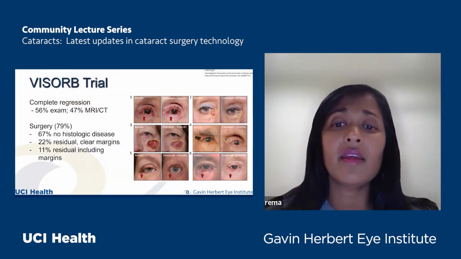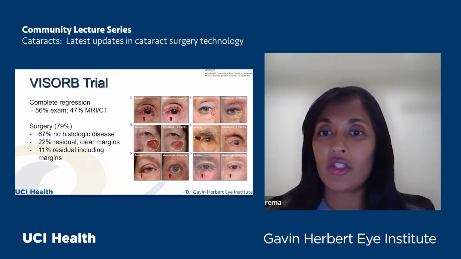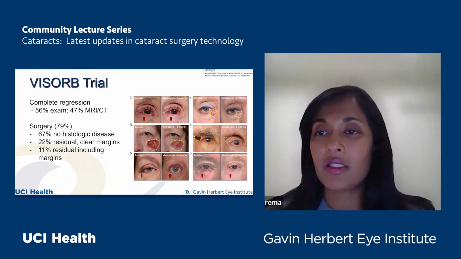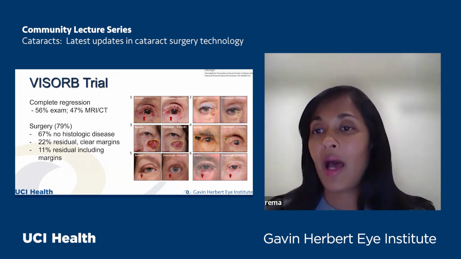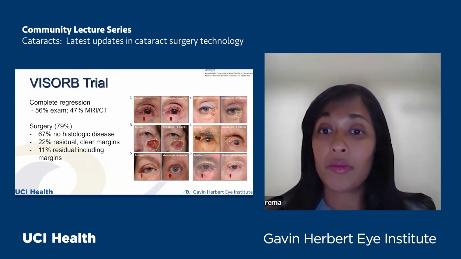And then finally, I have the VISORB trial here that really shows these dramatic changes. As you can imagine, having tumors on your eyelid margin, really shrinking them to complete resolution, or at least to an area where you can resect and reconstruct with flaps and grafts, has really improved our armamentarium in managing these patients.